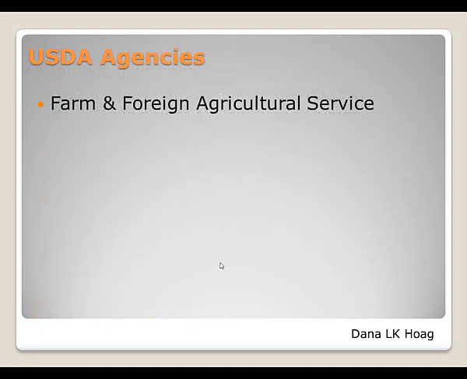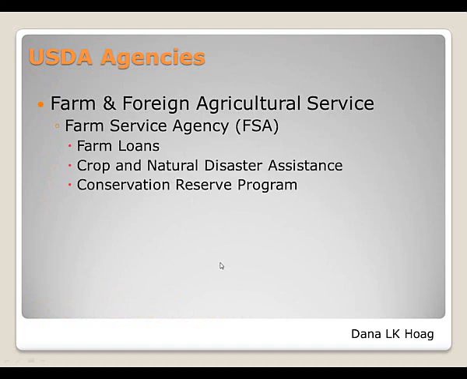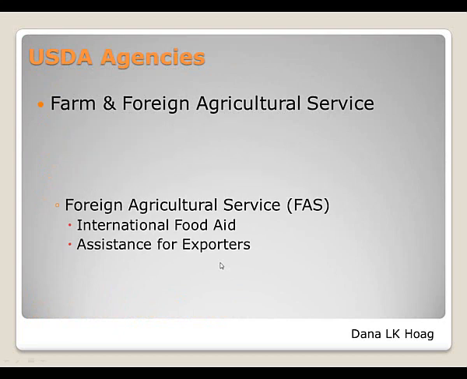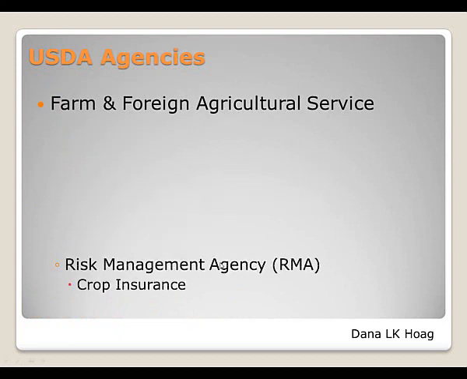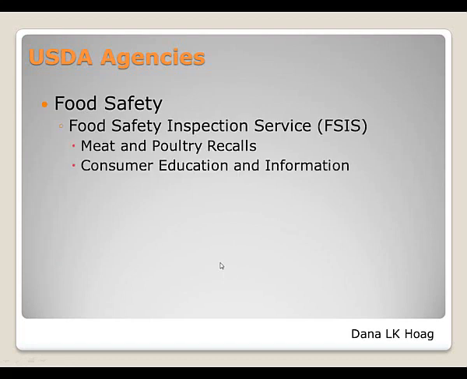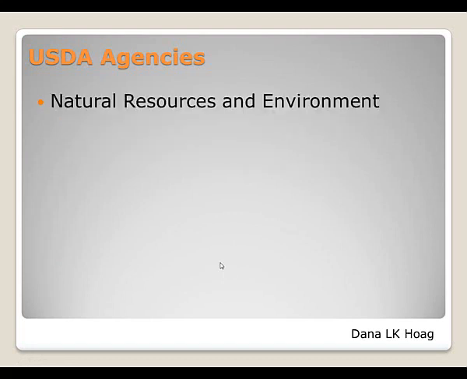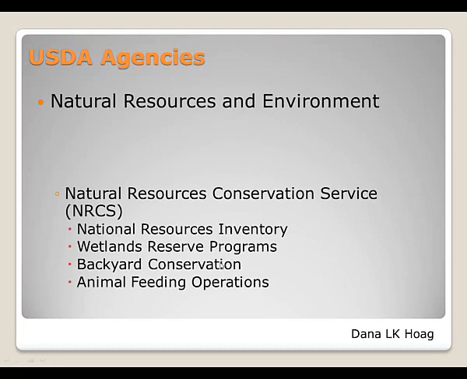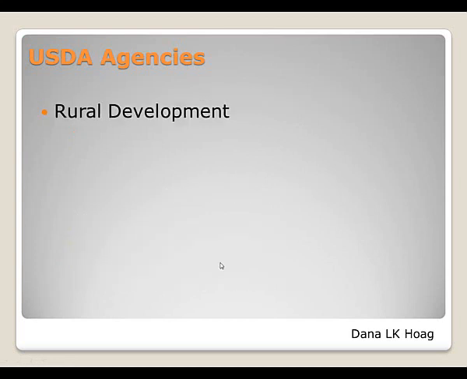Okay, agencies that affect us the most would be USDA, for example, the Department of Agriculture. And there's several agencies inside that, like the Farm Service Agency, the Foreign Ag Service, the Risk Management Agency. There are food safety agencies like the Food Safety Inspection Service. There are natural resource agencies like the Forest Service, the Natural Resource Conservation Service.